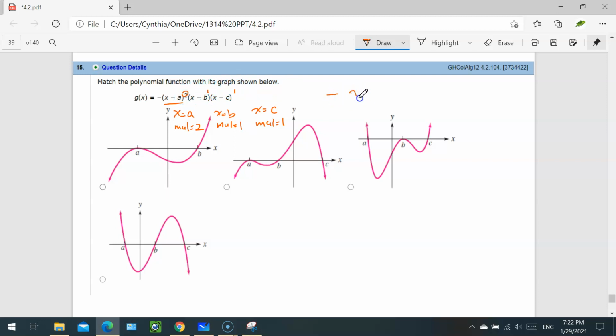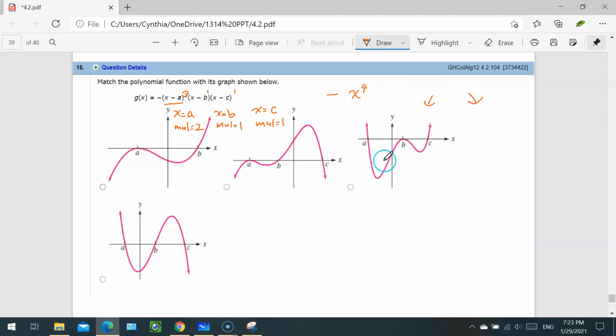The highest degree power of this function is x to the power 4. So that means you have a negative even function. For a negative even function, both ends of the behavior will face down.